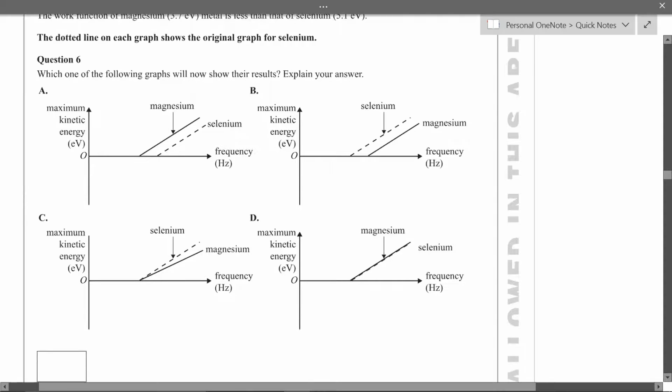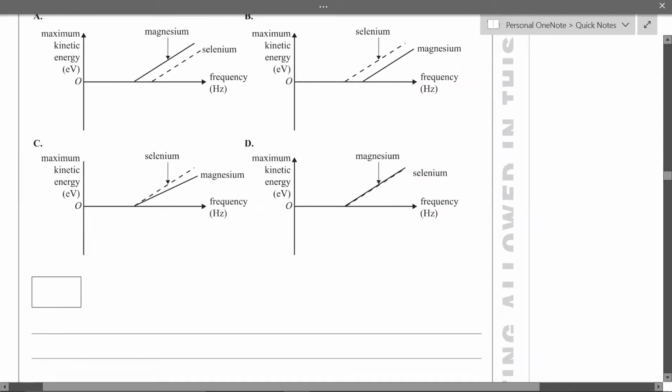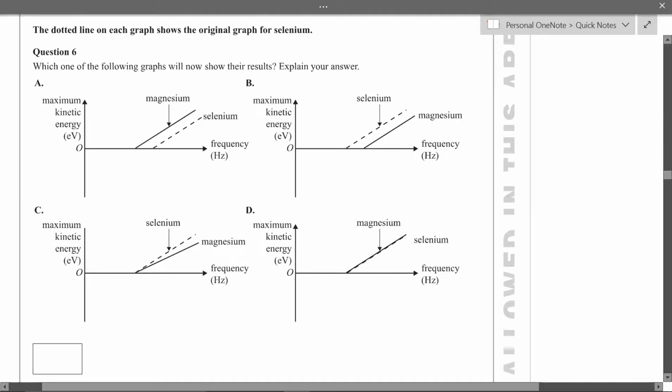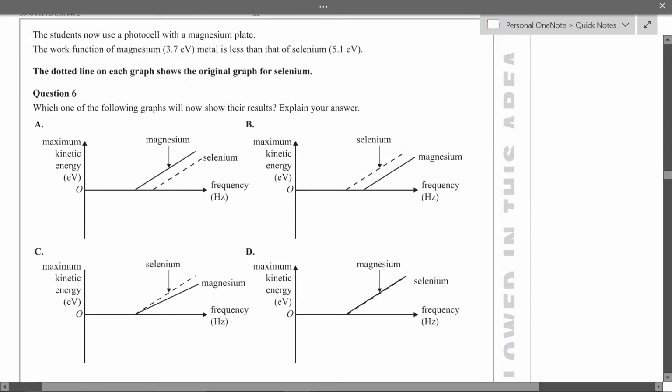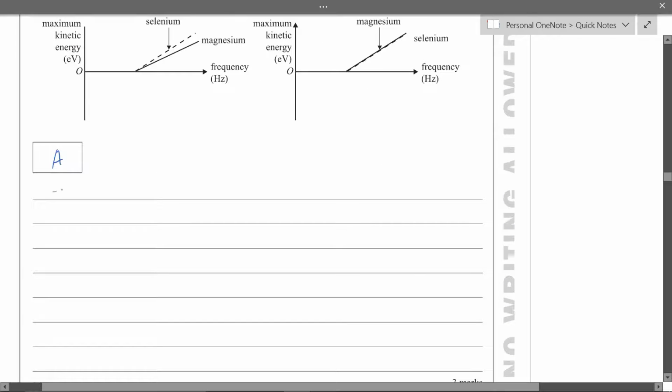We know the work function is the y-intercept, so if it's lower, that means the graph should move up. So that means it's A. And the explanation, I wrote EK max is hf minus W, and the work function acts as a vertical translation.